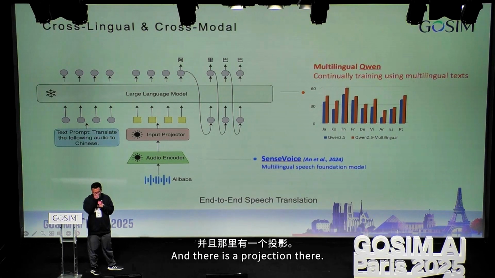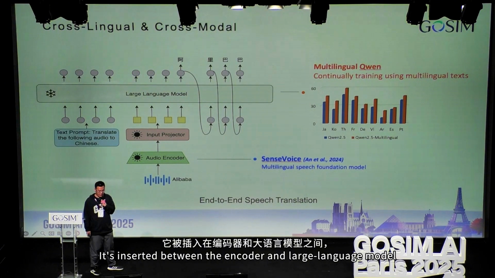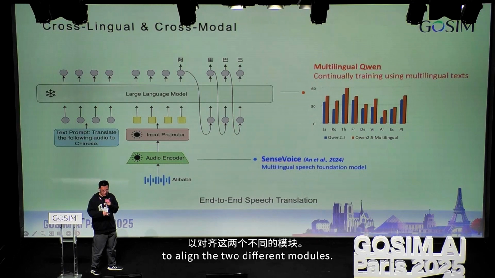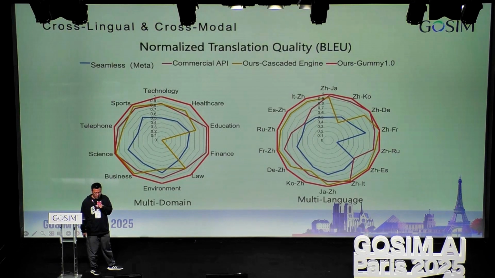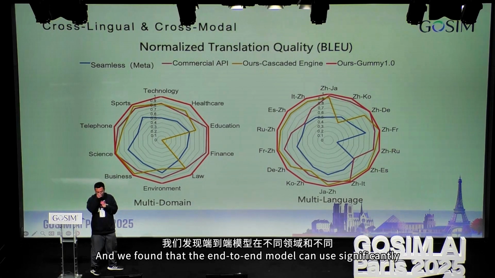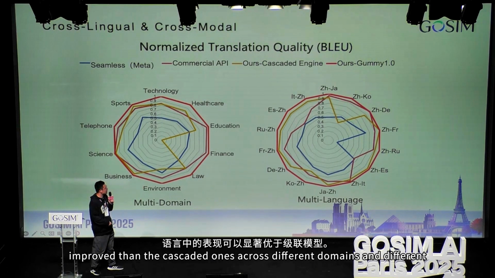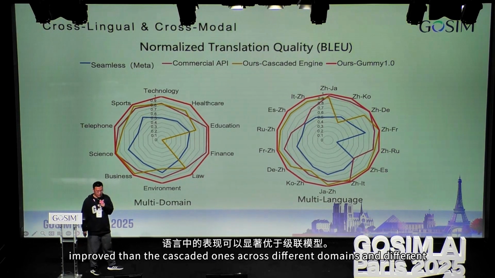A projection layer is inserted between the encoder and the large language model to align the two different modules. And we found that the end-to-end model is significantly better than the cascaded ones across different domains and different languages.